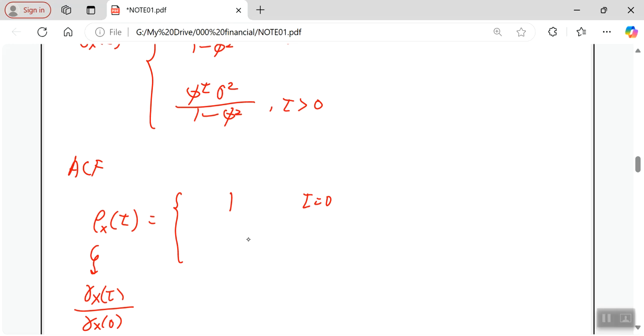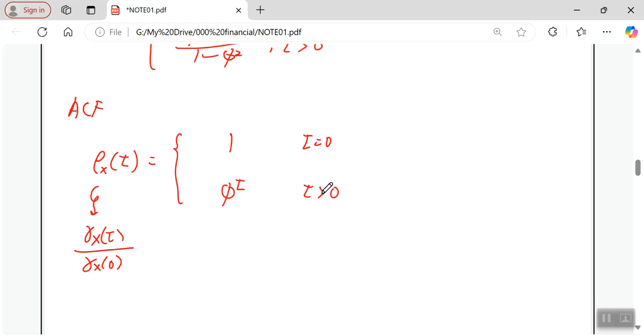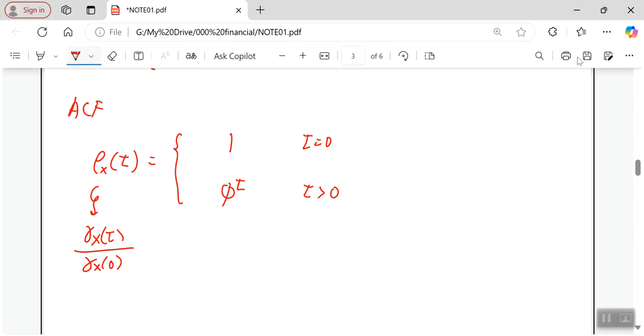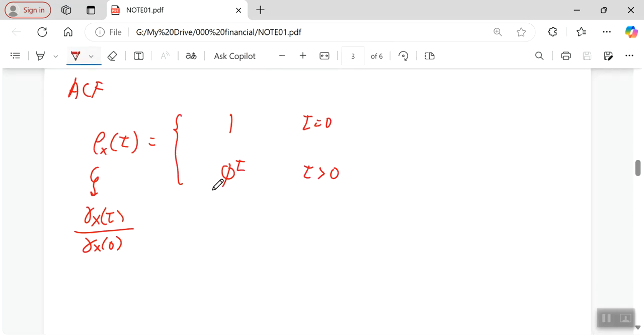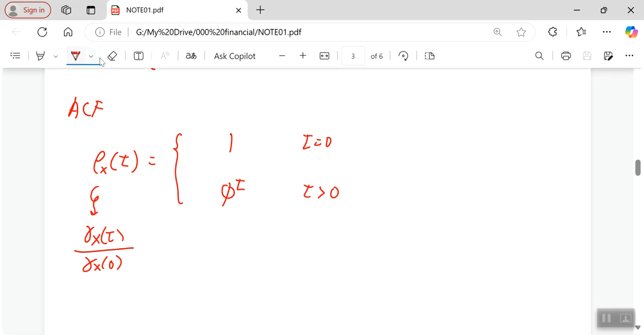So for tau larger than 0, this whole term divided by the variance, you have phi power of tau. So this tau will be 1, 2, 3, 4, 5 until infinite terms. So what can we tell from this?